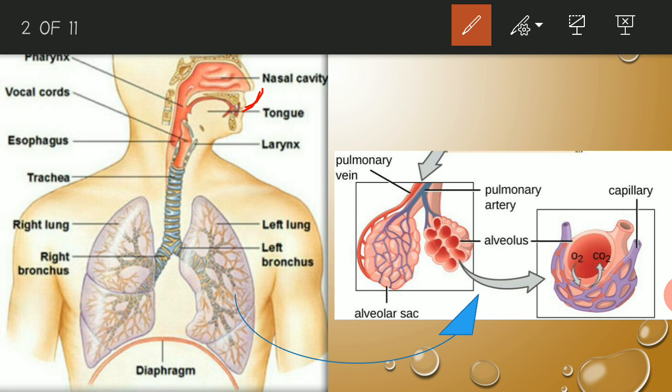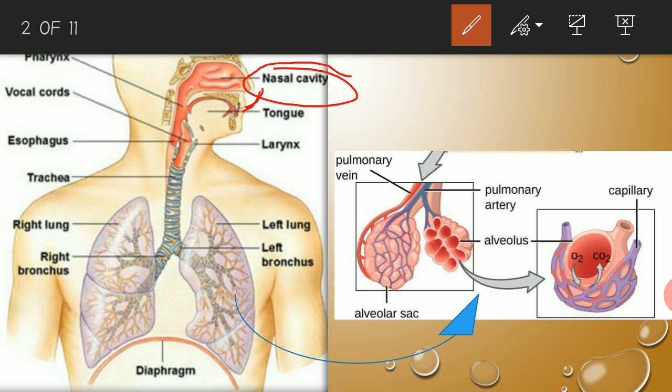The next structure after the nostril is the nasal cavity. Just after the nostril in the nose there is a chamber or cavity. This cavity is known as the nasal cavity or the nasal chamber. The whole chamber is covered by hair cells.